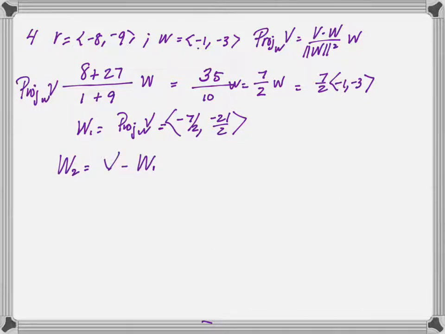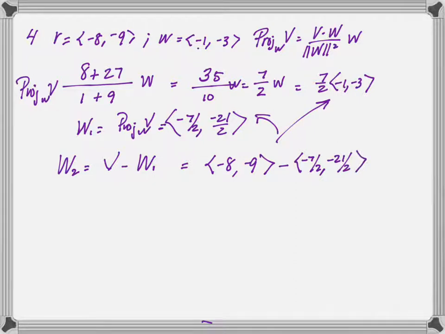So this is just subtracting vectors. So v is (-8, -9), and we're going to subtract what we got for w1. So that would be minus (-7/2, -21/2). So w2 is equal to -16/2 plus 7/2.